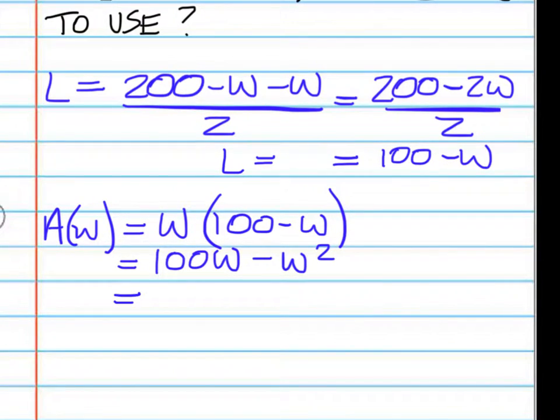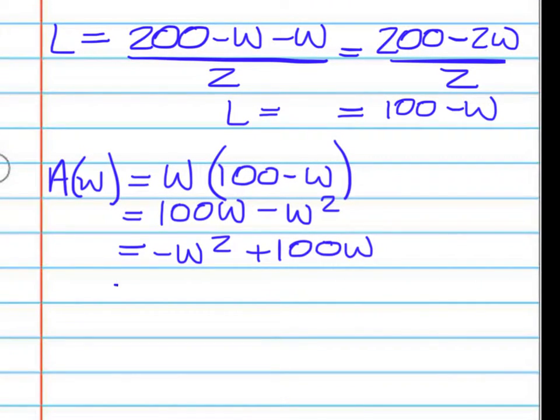And reverse the order so we can have the squared term first. And then complete the square. Take out the negative sign, change the sign of the 100W, leave a space, and then complete the square.